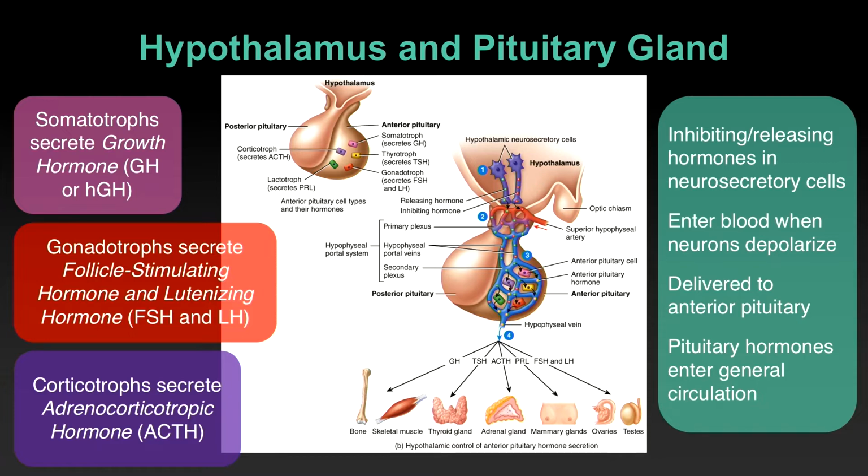Corticotrophs release adrenocorticotropic hormone, which makes sense. They activate the adrenal glands. They come from the corticotrophs. It's in the name. And even the name of the hormone describes the action.